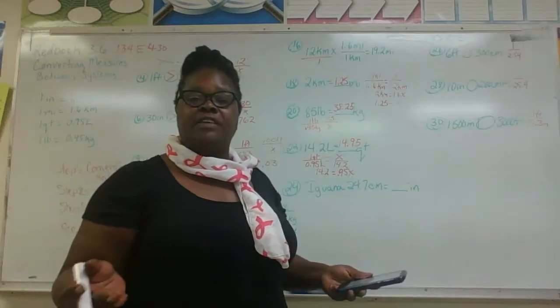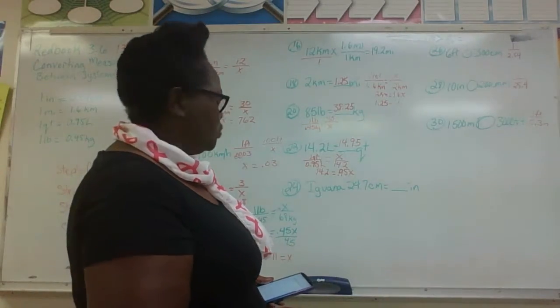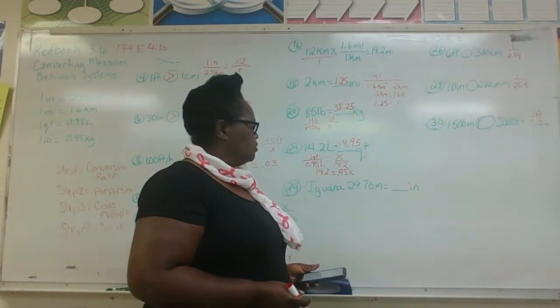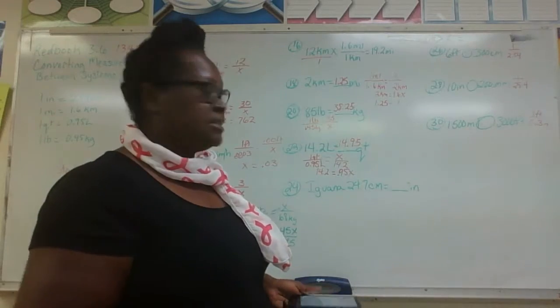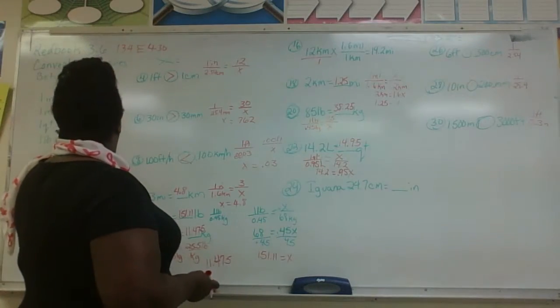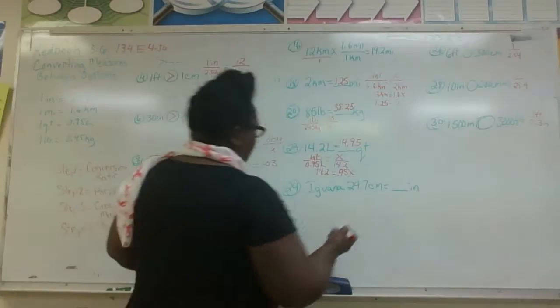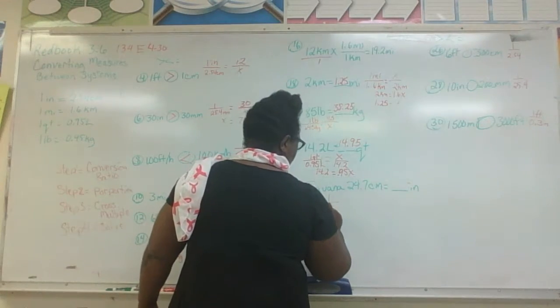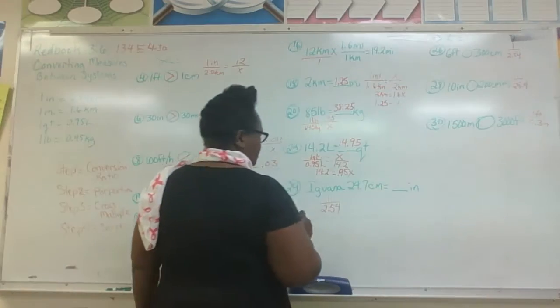24, you have a picture of an iguana. He happens to be 24 and 7/10 centimeters long. We want to know how many inches is that. So when we look at our conversion, 1 inch to centimeters, we set up our ratio, conversion ratio, 1 to 2.54 centimeters.